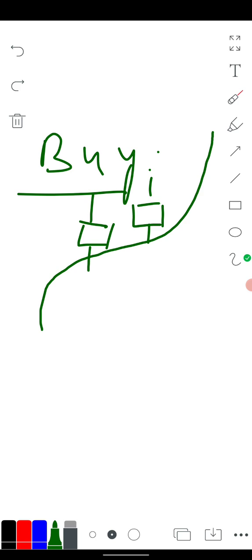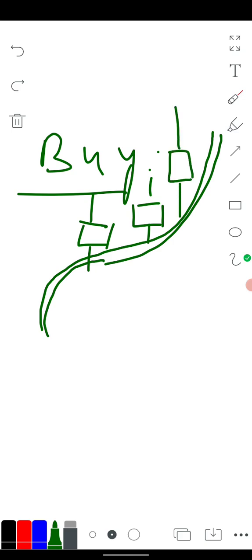Just focus on where the SMA line is, whether it is on the upside of the candlesticks or the downside. If the SMA line is under the candlesticks and it is going like this, which means the candlesticks are always above it, you can take a trade over here.